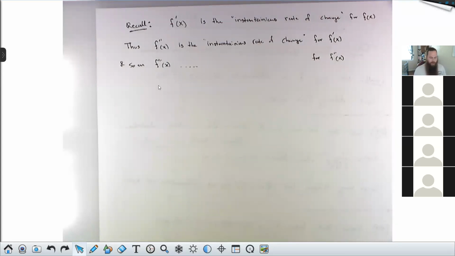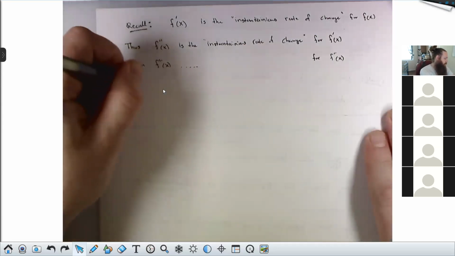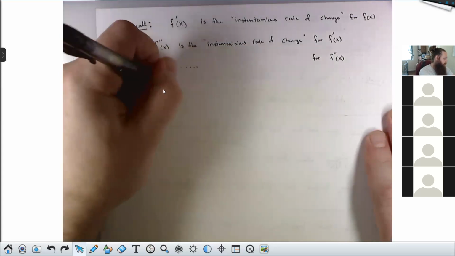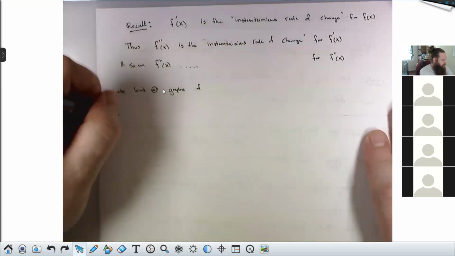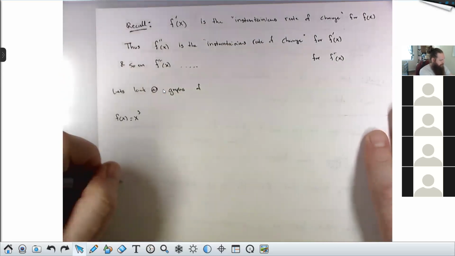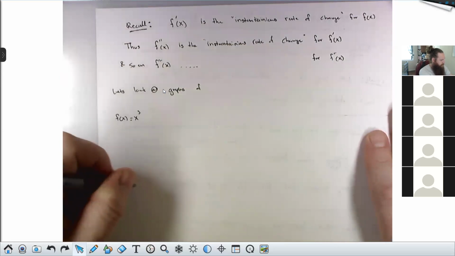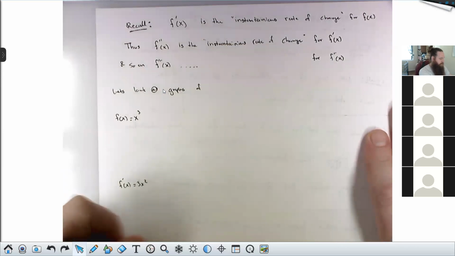So first, let's look at the graphs of the 3 functions we were just playing with. f of x, which was x cubed, f prime of x, which was 3x squared, and f double prime of x, which was 6x.